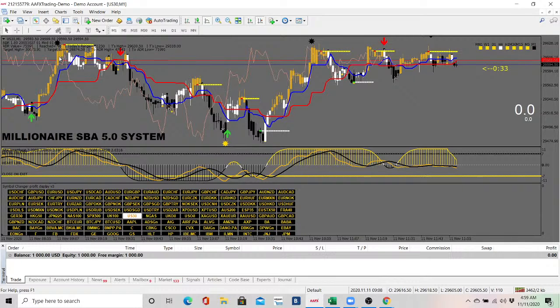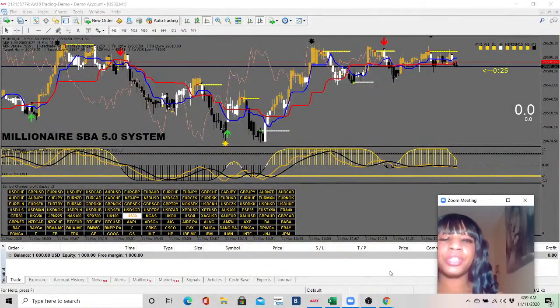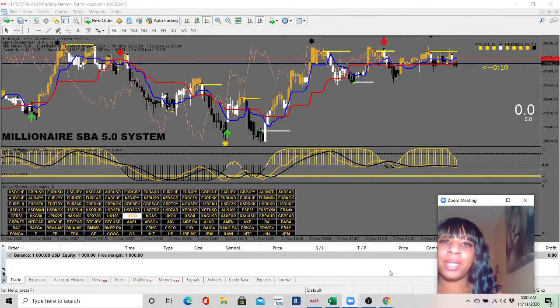The highest lot size that I have ever taken in my live account is a 3 standard. And as a newbie trader, I took 1 standard, 2 standard. The highest I ever got was a 3 standard. And I was spoiled because I joined the Millionaire Mob, and my mentor does something called boss sessions.